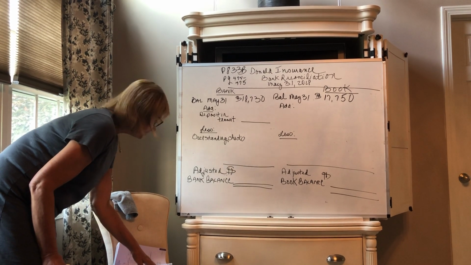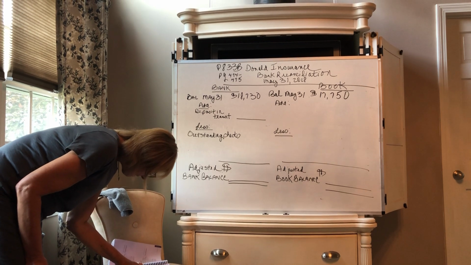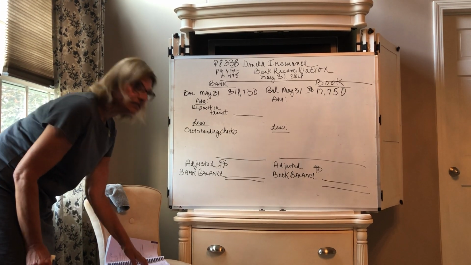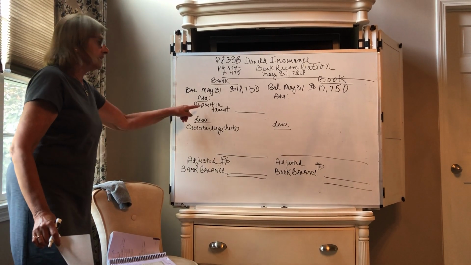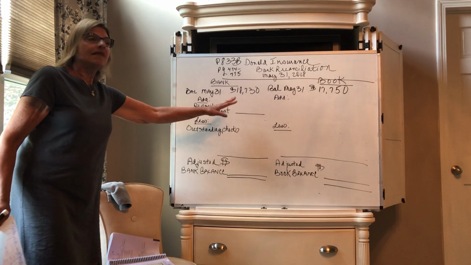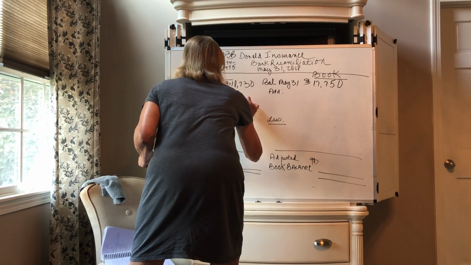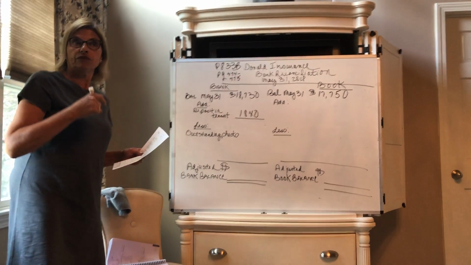Now if you look, you see all the deposits from May 1 to May 22nd. But you don't see the last one that they made on the 31st for $1840. Notice that's missing from the bank statement. That's going to be our deposit in transit. We're going to always add that in. So $1840 is the deposit in transit, which is the deposit the company made on the 31st.